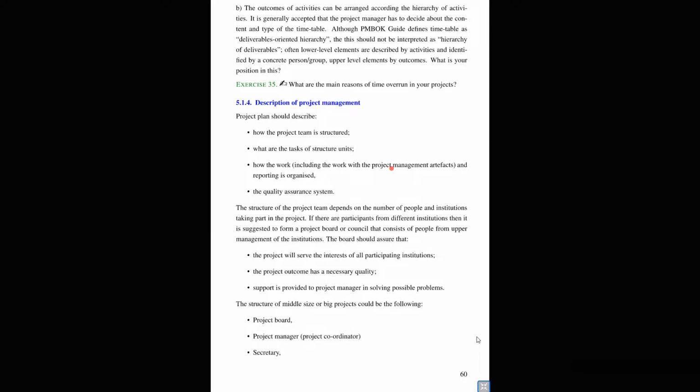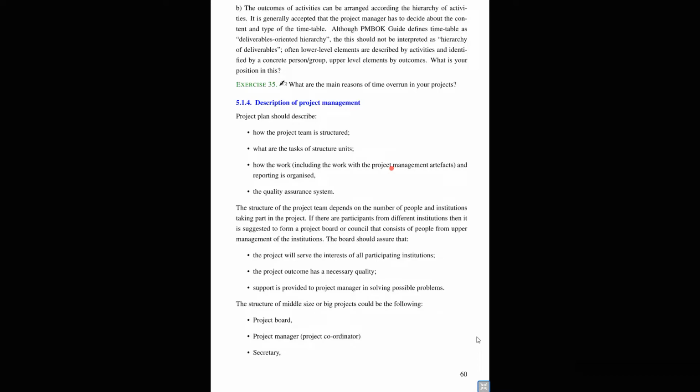If there are participants from different institutions, then it is suggested that you form a project board or council that consists of people from upper management of the institutions.